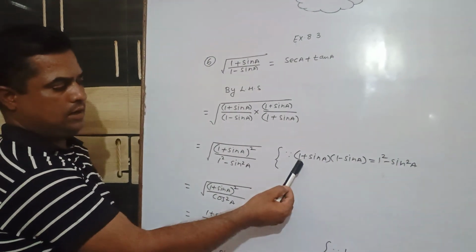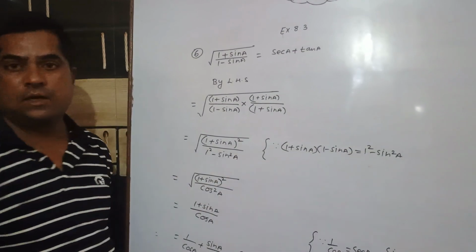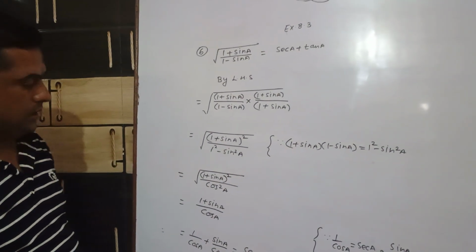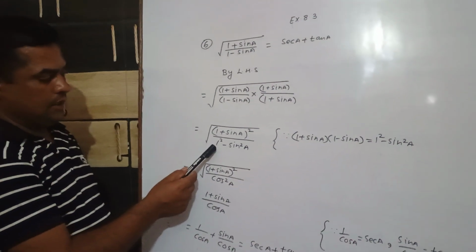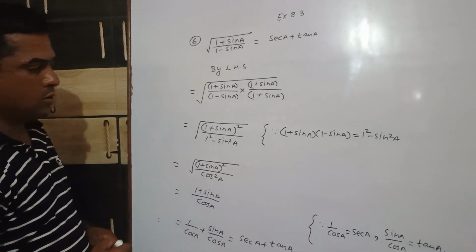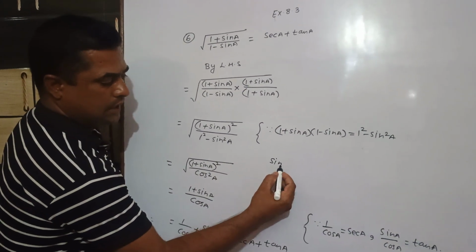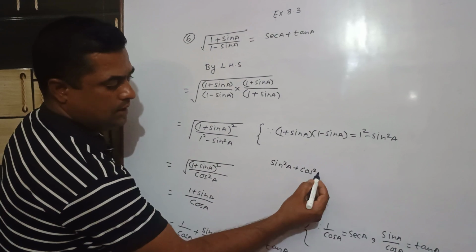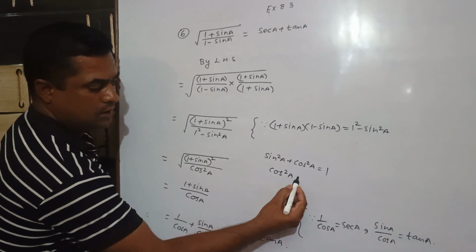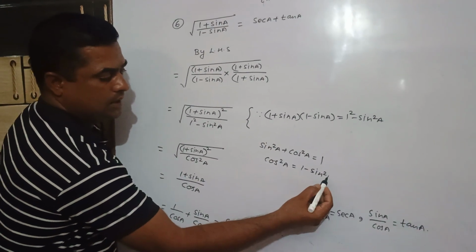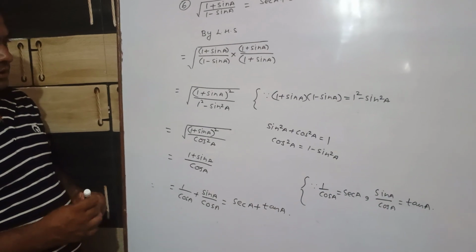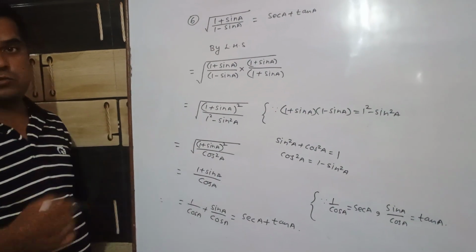We have written here the formula A plus B, A minus B, A square minus B square. 1 plus sin A, 1 minus sin A, this will be 1 square minus sin square A. Now we are using the identity here, 1 minus sin square A. The value of 1 minus sin square A will be cos square A, because you know very well sin square A plus cos square A is equal to 1. So the value of cos square A will be 1 minus sin square A.